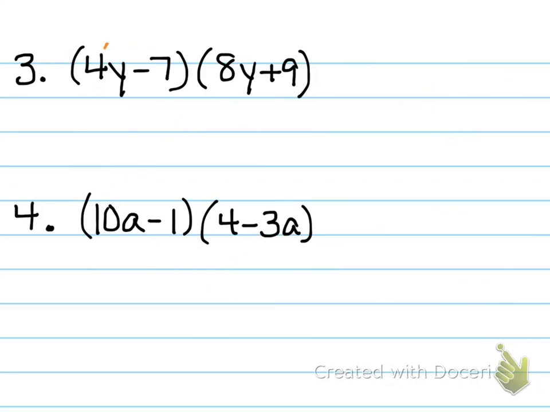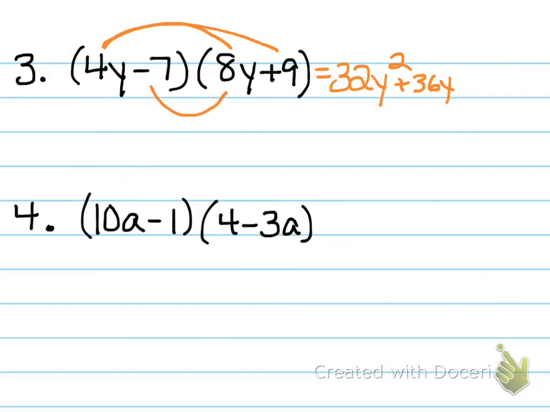All right, the first one looks different because we have 2 terms. We have 4y and 8y in front of our first 2 terms. But again, same step, 4y times 8y gives me 32y squared. Then it's 4y times 9, which is plus 36y. Negative 7 times 8y gives me minus 56y.